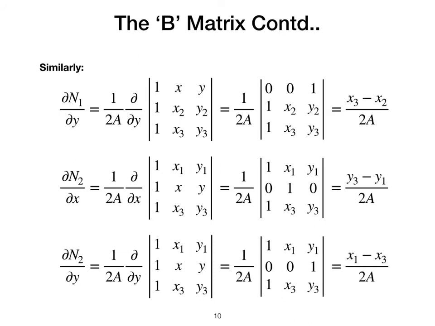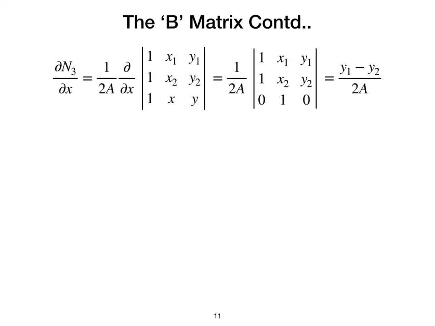The derivative of n2 with respect to y is given by 1 over 2A multiplied by the derivative of the determinant of a matrix having 1 x1 y1, 1 x y, 1 x3 y3 as members, where the derivative is the partial derivative with respect to y, and the final value is (x1 minus x3) divided by 2A.